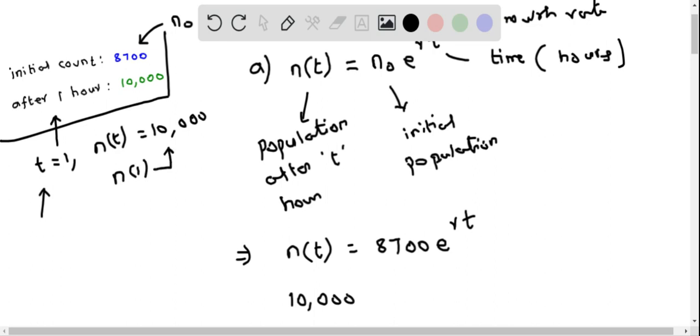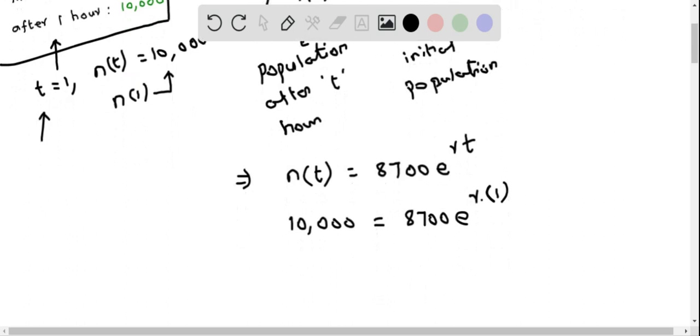So on the left side I put 10,000, and this equals 8,700 e raised to the power of r times 1. So let's evaluate r from this expression.